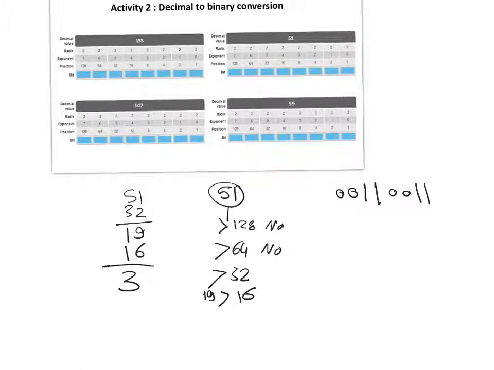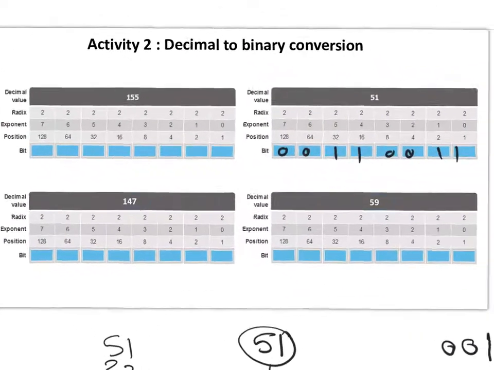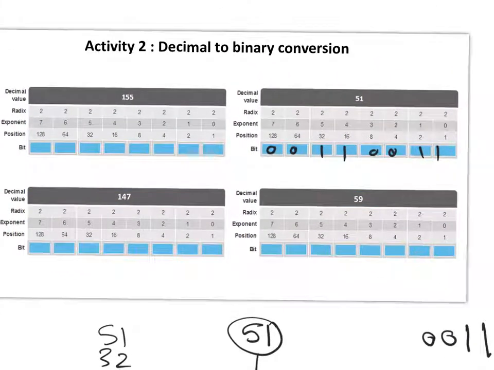3 خلاص 3 معروفة. I don't have to do these steps again. Okay? So this one is 0, 0, 1, 1, 0, 0, 1, 1. طيب الفرق between this one and this one in decimal is 8.